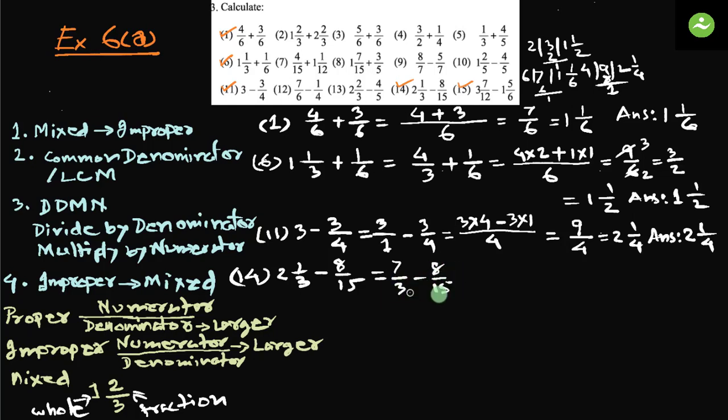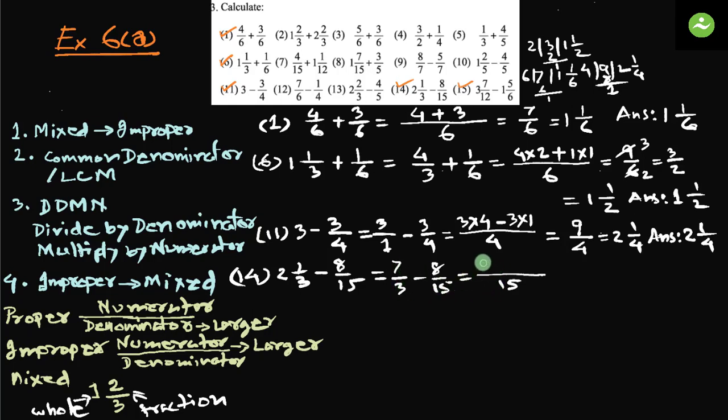So two different denominators. Find a common denominator. That should be 15. Always when you look for common denominator, just go for the least common multiple. Okay, now 15 divide by 3, so it is 5.